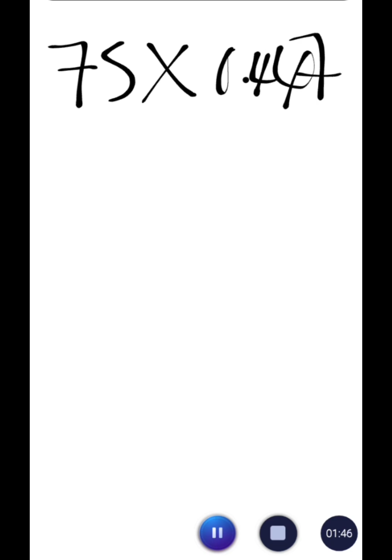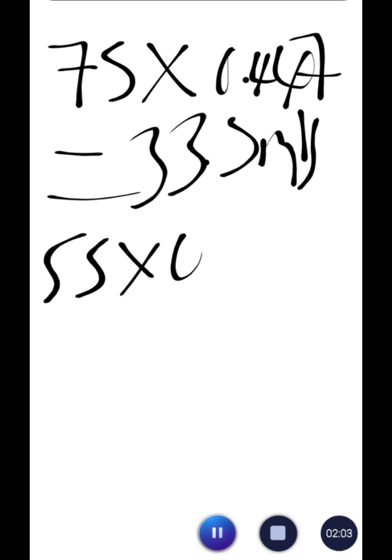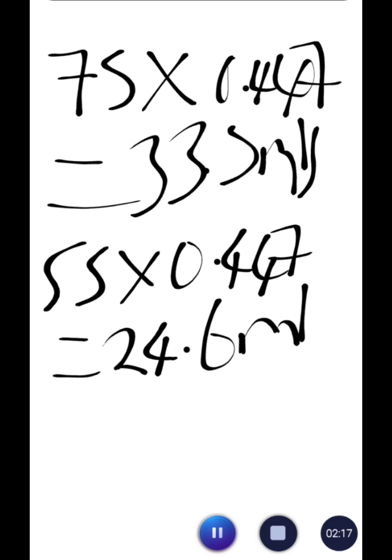This is just a conversion to change it to meters per second. The answer we are going to get is 33.5 meters per second. We also change it for the observer, which is 55 times 0.447. The answer we are going to get is 24.6 meters per second.